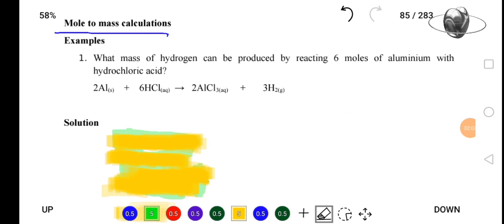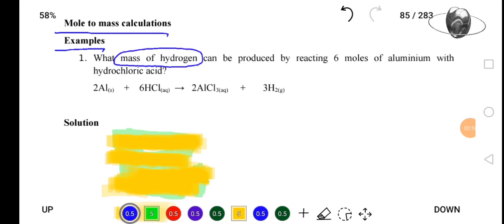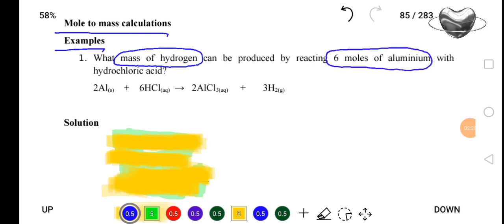So we have an example. What mass of hydrogen, I am going to underline what they want us to calculate, meaning they want us to calculate the mass of hydrogen that can be produced by reacting 6 moles of aluminium with hydrochloric acid.